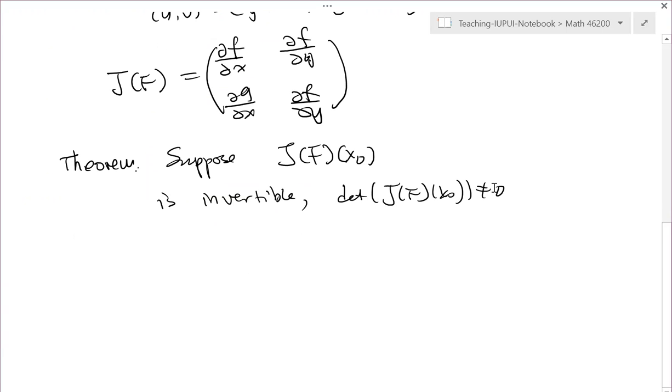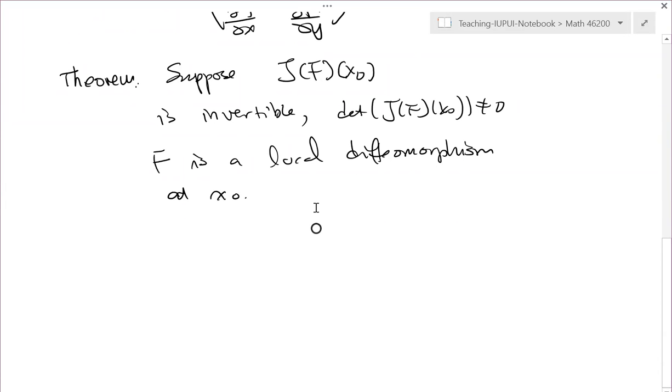Then, roughly speaking, F is a local diffeomorphism. I'm going to describe local diffeomorphism. I have to give a more precise description.